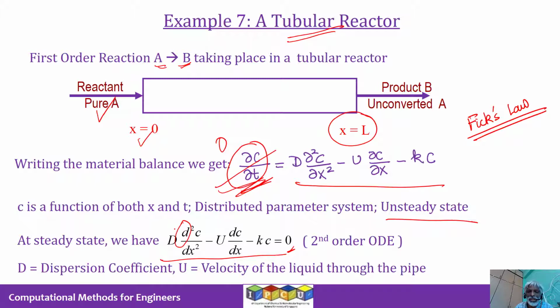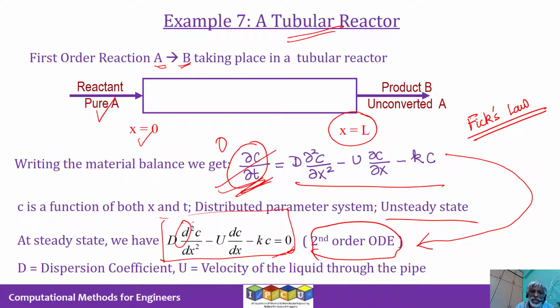We just write the regular derivative d because now C at steady state is not going to be a function of time. It's just going to be a function of position. So you will get this. So at steady state, a partial differential equation becomes an ordinary differential equation because C is going to be a function of only x when you have steady state. And this would be called a second order ordinary differential equation because the highest derivative is the second derivative.